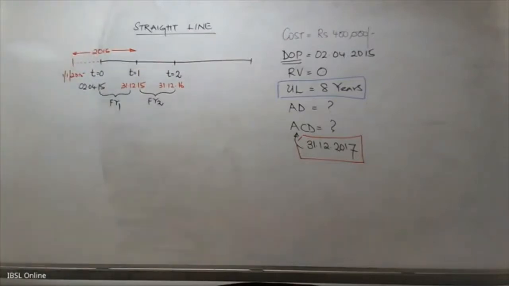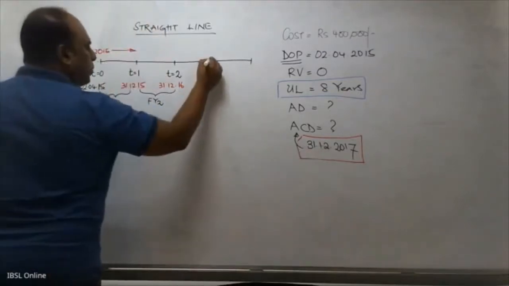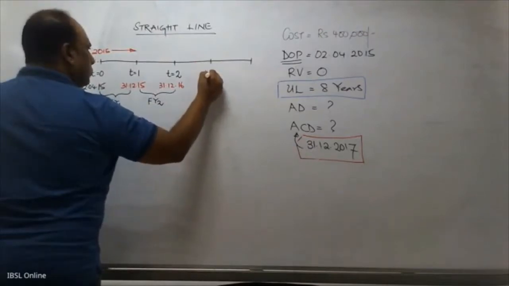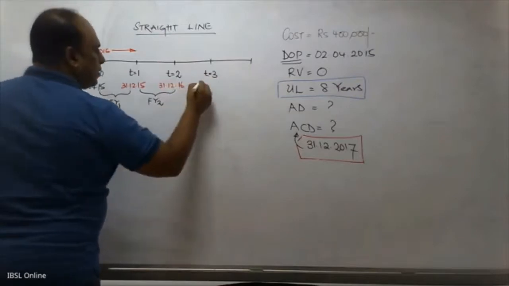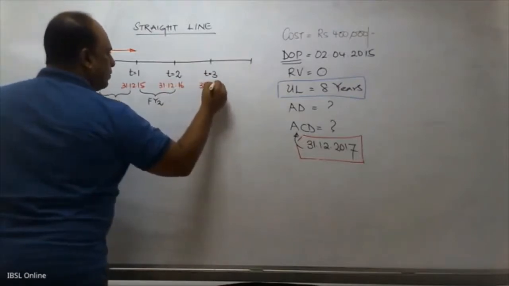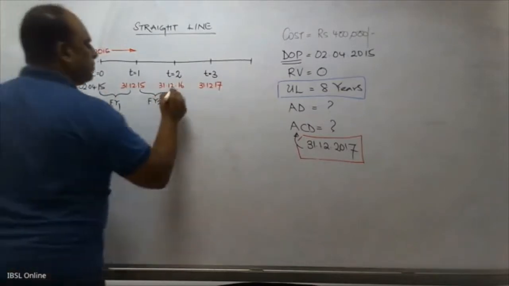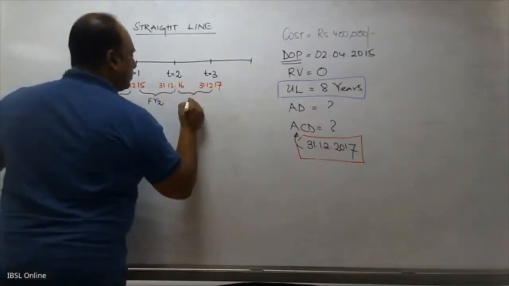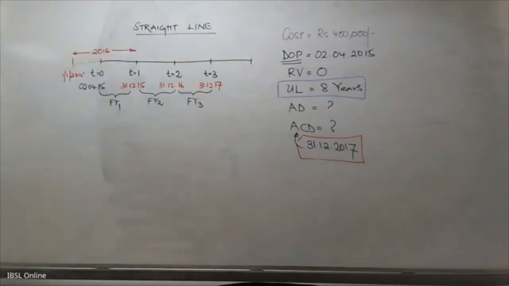But the question is referring to the financial year 2017. So I will go to my next one also, T equals 3, 31/12, which is my third financial year. Right. Do you all understand up to that?